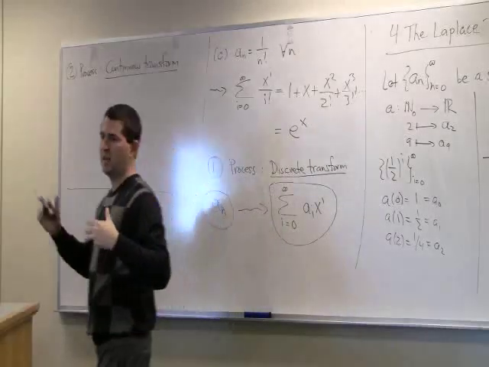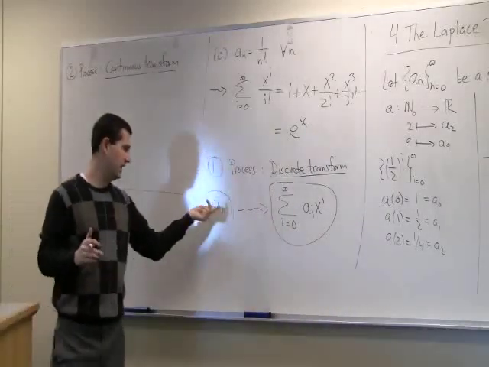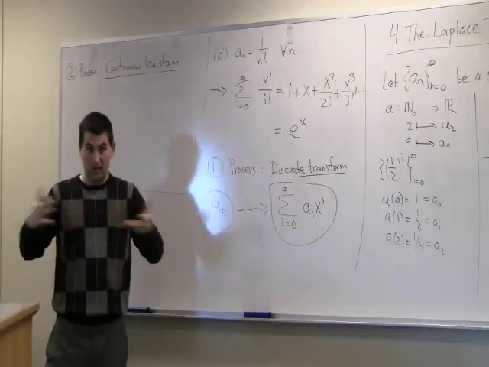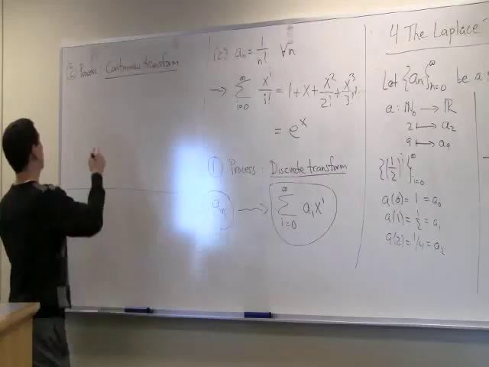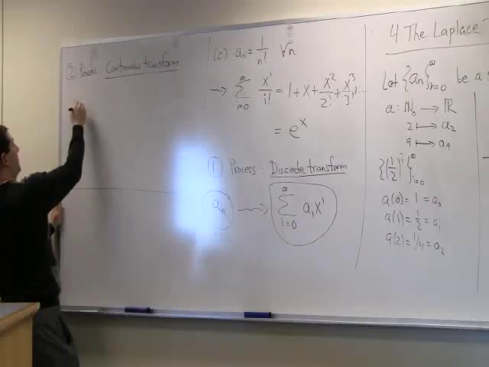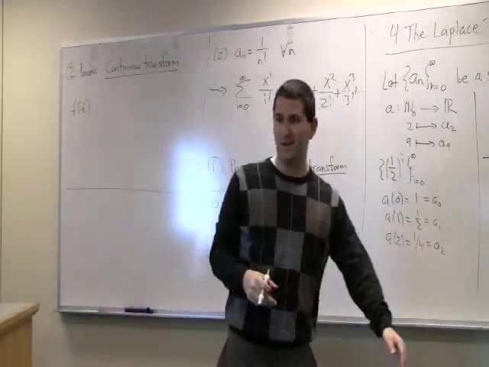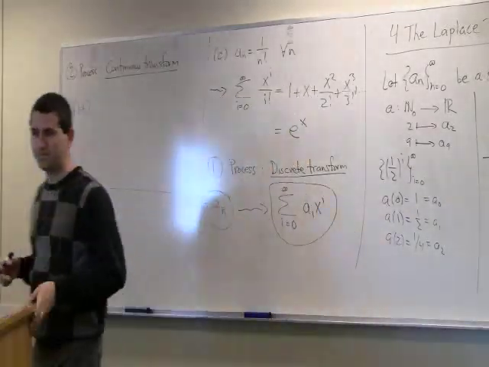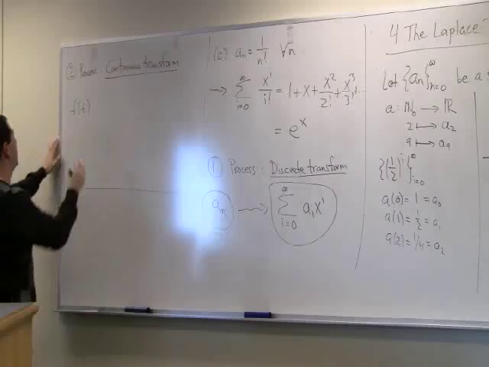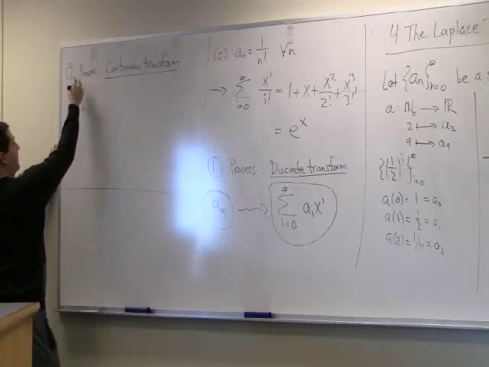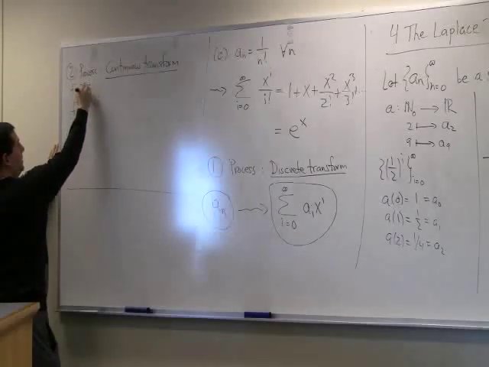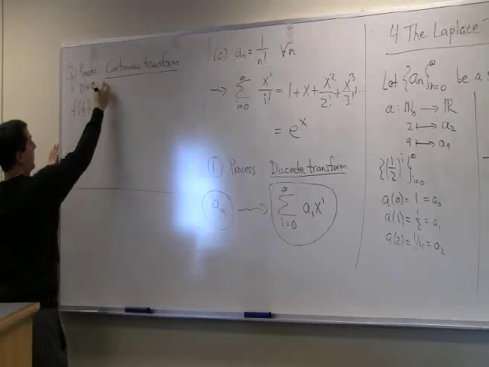So instead of putting in a function that only eats natural numbers, I'm going to put in a function that can eat real numbers. Let me call it f of t, because that's more usual notation for a continuous function. So f is now a function that sits inside the real numbers, though I don't know what its domain is.